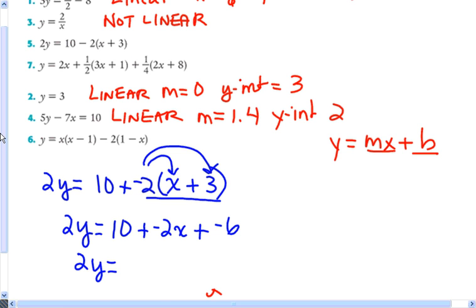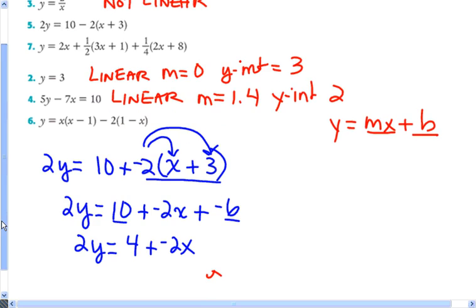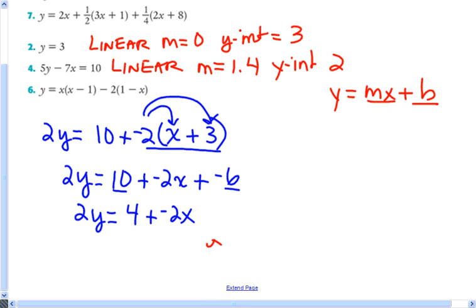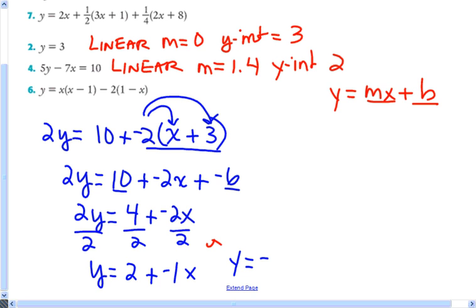And we're going to combine like terms. The 10 and the negative 6 are like terms. 10 plus negative 6 is 4. Now all we need to do is divide both sides by 2. And I end up with y is equal to 2 plus negative 2 divided by 2 is negative 1x. Since addition is commutative, I know that that's the same as y equals negative 1x plus 2.